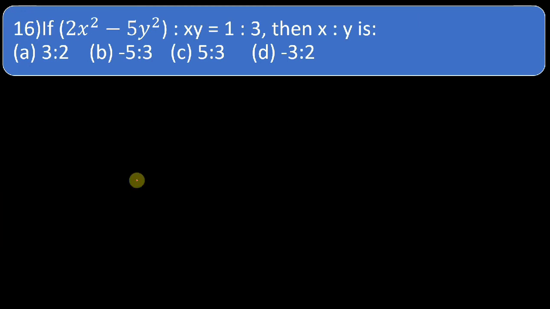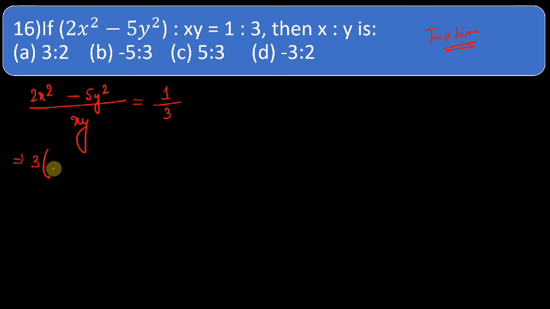Question number 16. It's a very important sum. Try to do this sum also 2 times. So here what is given is 2x square minus 5y square by xy is equal to 1 by 3. Now we just cross multiply it, and what do we get?